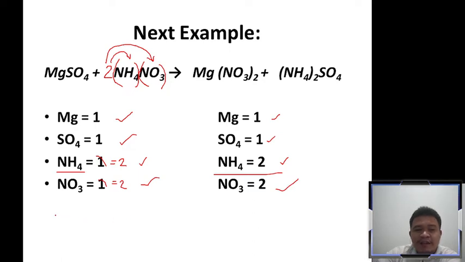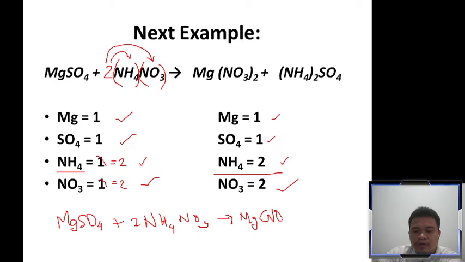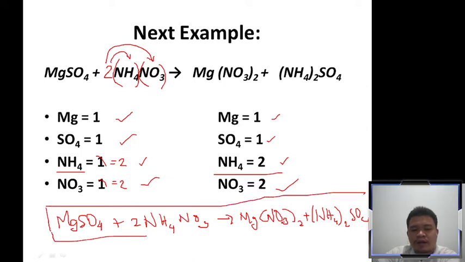So our final balanced equation for this chemical reaction is MgSO4 plus 2 NH4NO3 yields Mg(NO3)2 plus (NH4)2SO4. That is now our final balanced chemical equation.